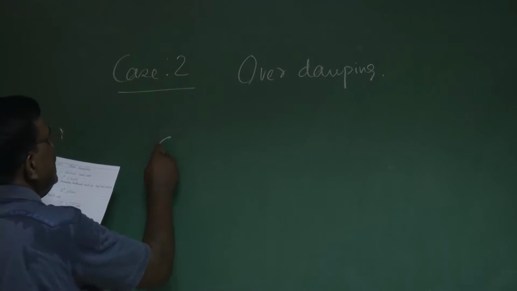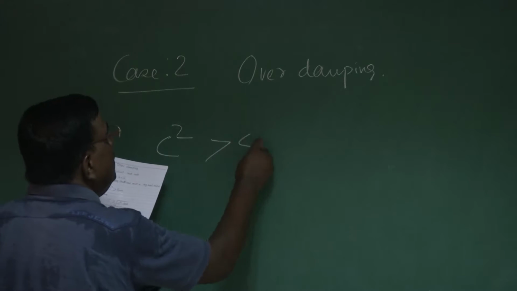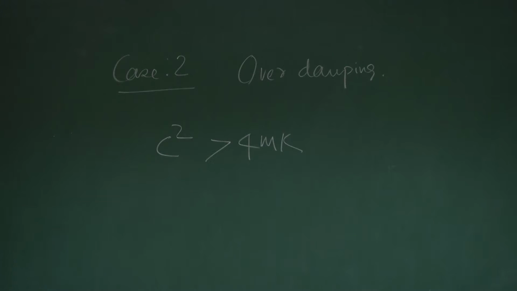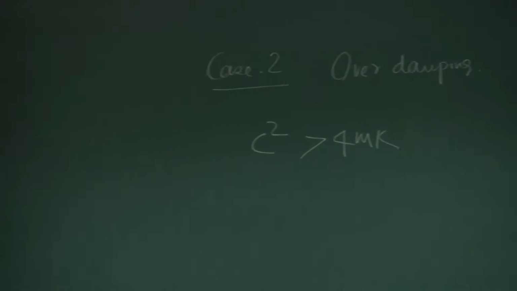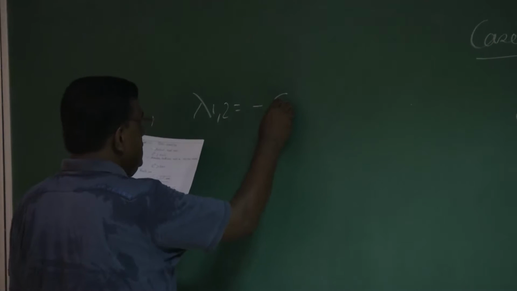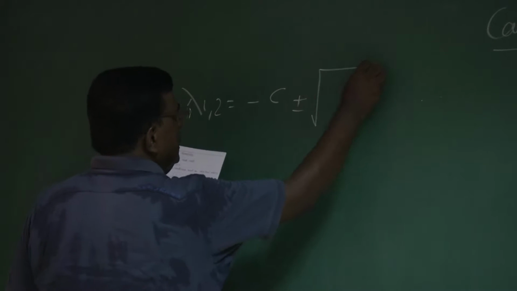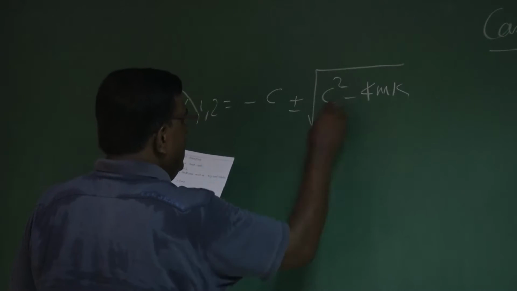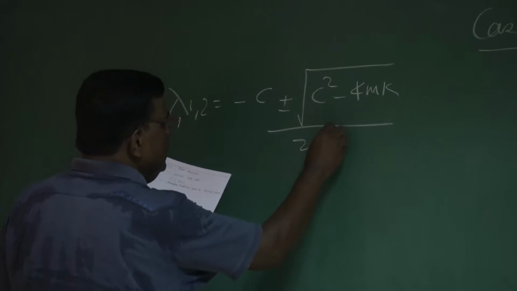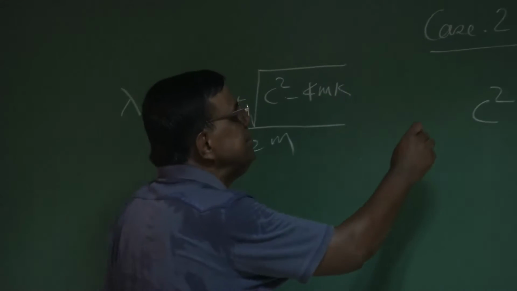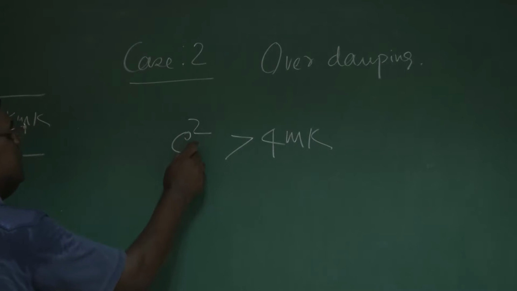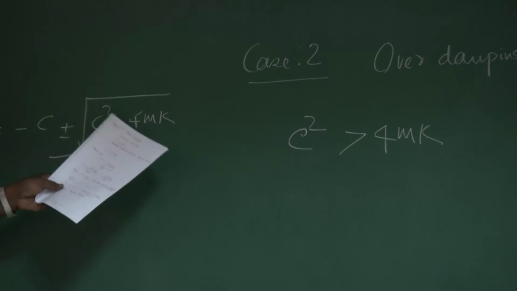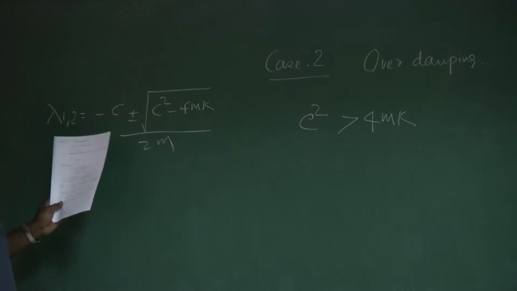Remember, that is the case where c square is greater than 4 mk, and you see that the roots lambda 1 and 2 are minus c plus minus under root c square minus 4 mk by 2m. So if c square is greater than 4 mk, then naturally this is positive, no complex part.